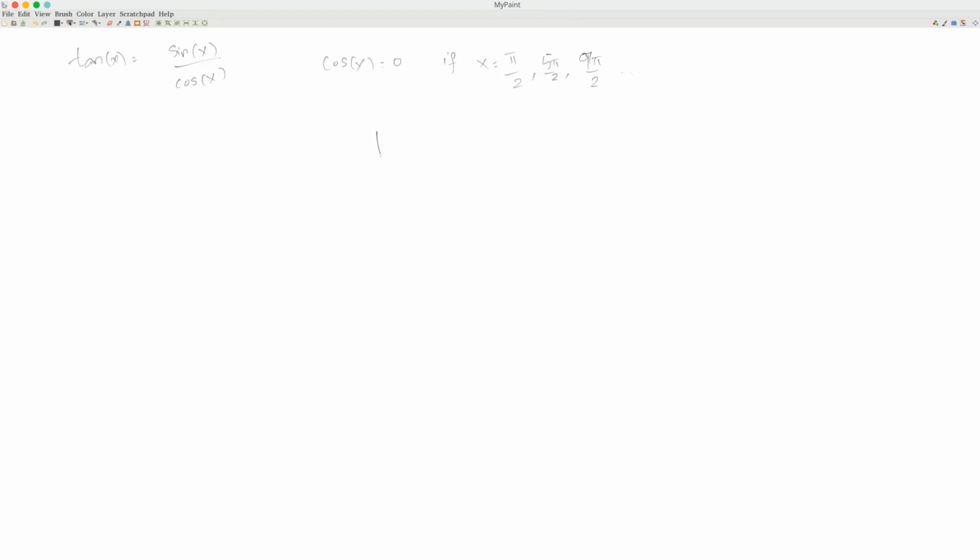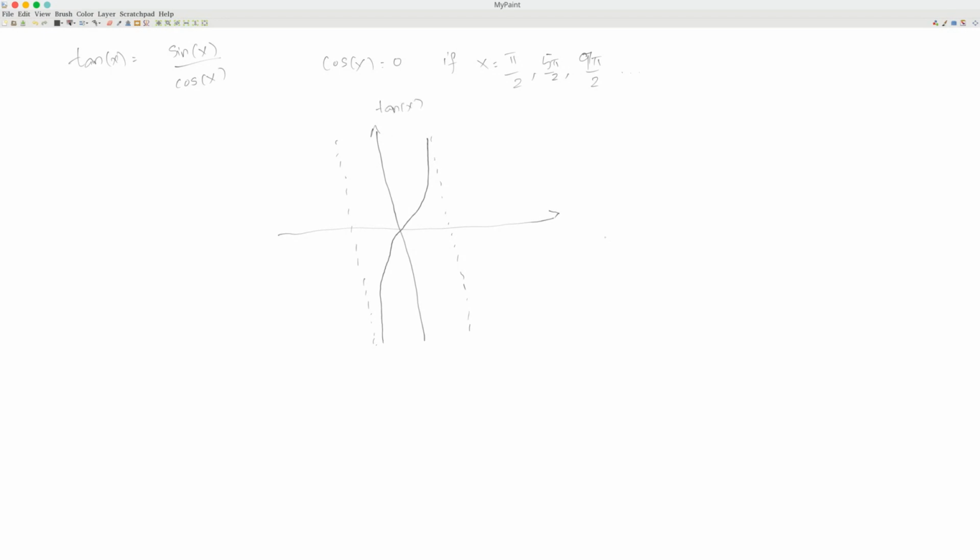So it is an interesting looking function. Clearly it is going to have asymptotes. And that is a tangent function.